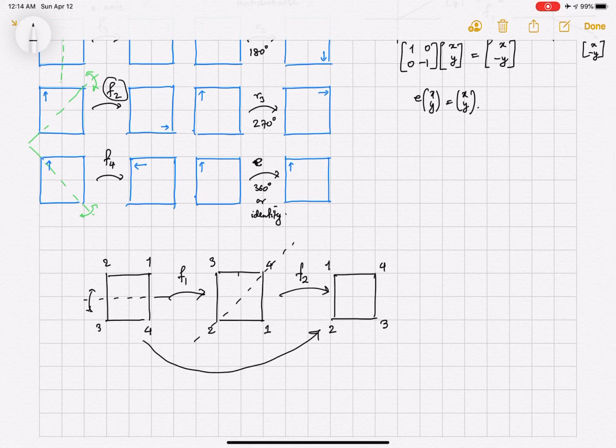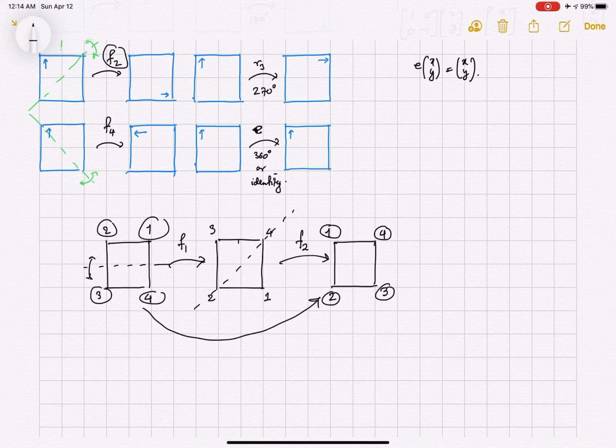Now let's see the net result. What happened? Well, 1 turned anti-clockwise 90 degrees. Same for 2, same for 3, and same for 4. And I claim that if you visualize what goes on, or if you multiply the corresponding matrices, you'll see that this amounts to a 90-degree anti-clockwise rotation.